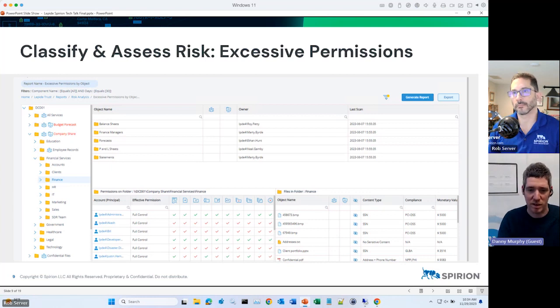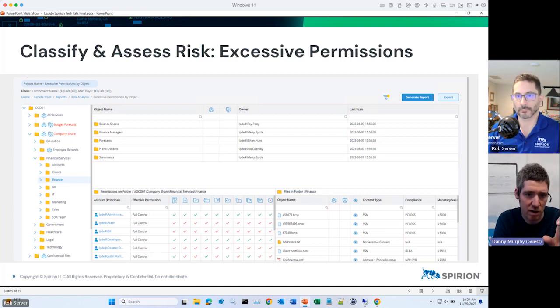There's many templates in the Spirion solution. And we've taken that information and then we are just reviewing the access rights across that data. What you'll notice is that at the bottom we've got a list of people that can access that data, and you'll see there's a combination of green ticks and red ticks.